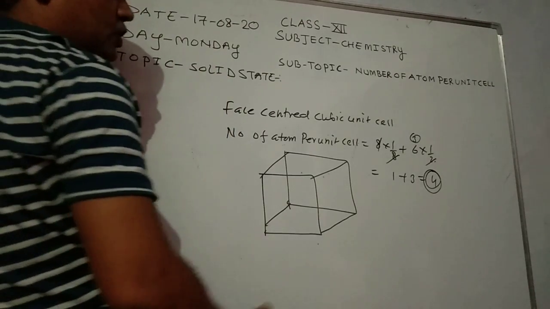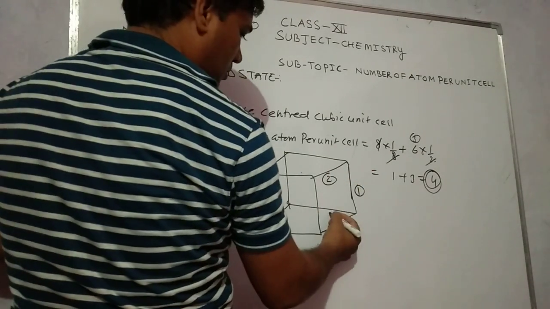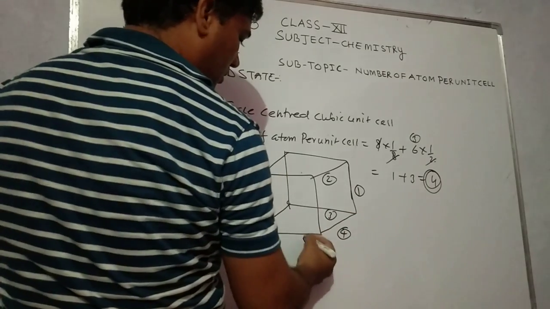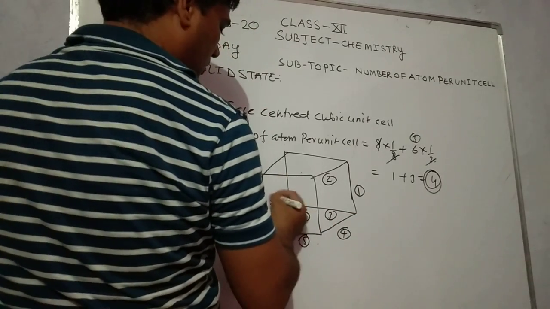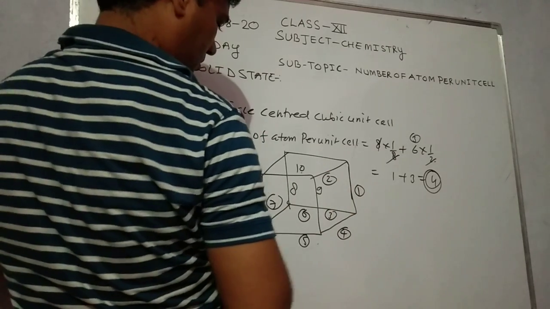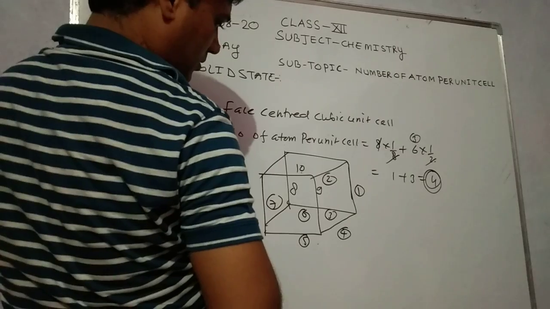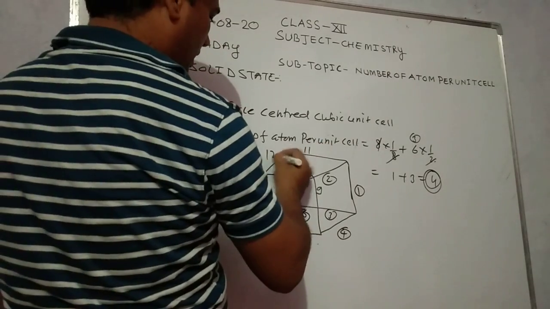How many edges? 12 edges. 1, 2, 3, 4, 5, 6, 7, 8, 9, 10, 11 and 12.